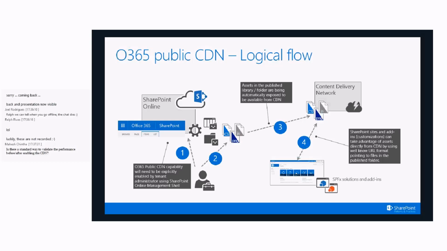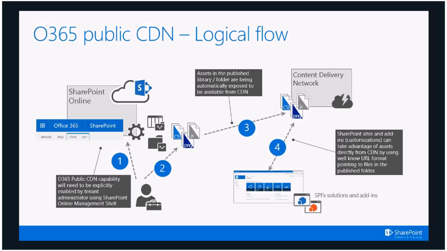And then the public CDN works in a way that you will have a well-known URL, which you can use to reference those assets directly from the CDN. And really the key value of this one is to avoid the fact that quite often Azure subscriptions are being managed by different persons than the Office 365 subscription.